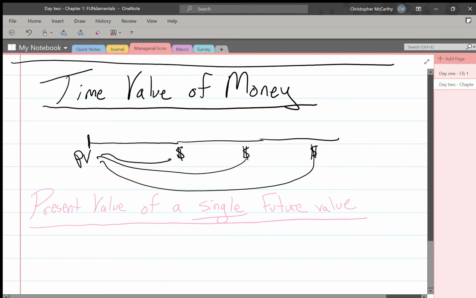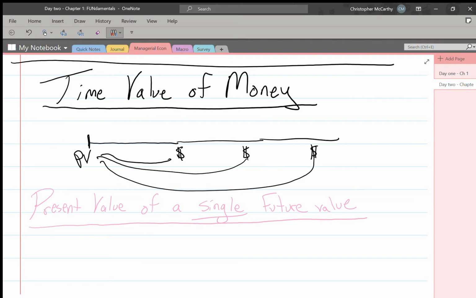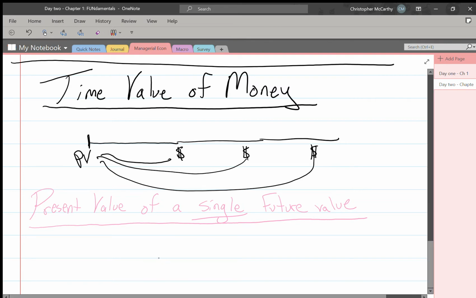So our formula is as follows. We've got the present value is equal to my future value divided by 1 plus the interest rate to the exponential power of the number of years or periods.